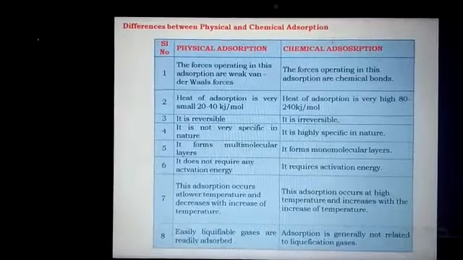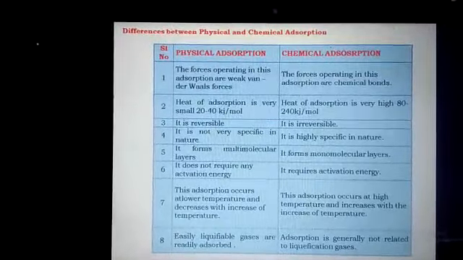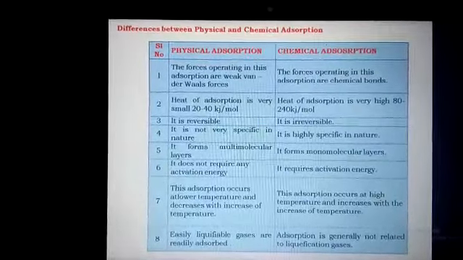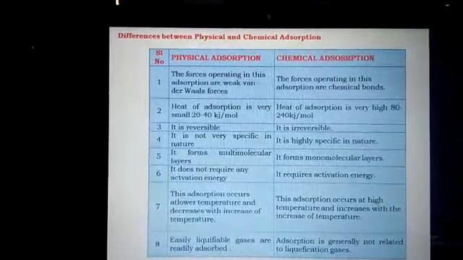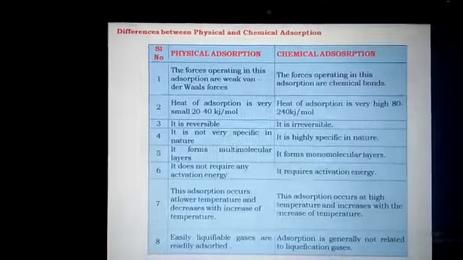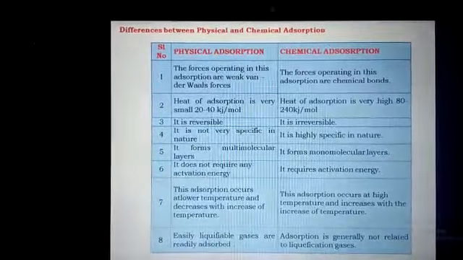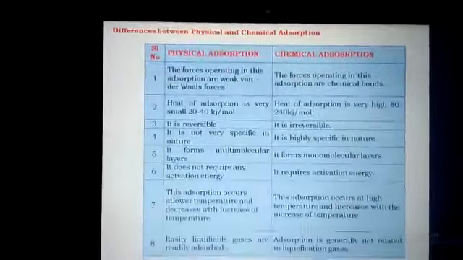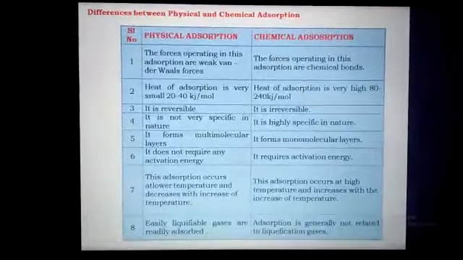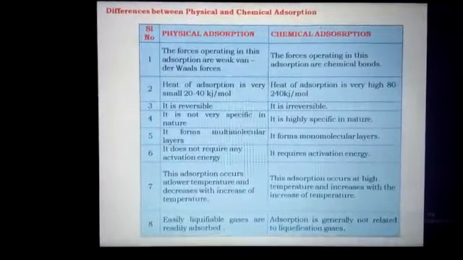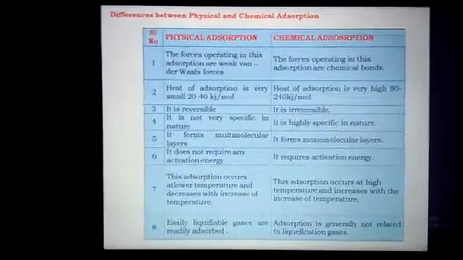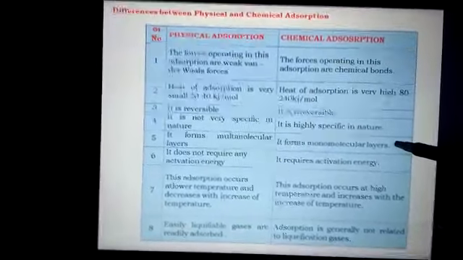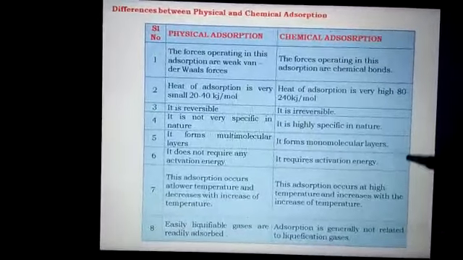Next, physical adsorption is not very specific in nature, but chemical adsorption is highly specific. Physical adsorption can form multimolecular layers, that is, different layers. But chemical adsorption can form only monomolecular layers, that is, only one layer.